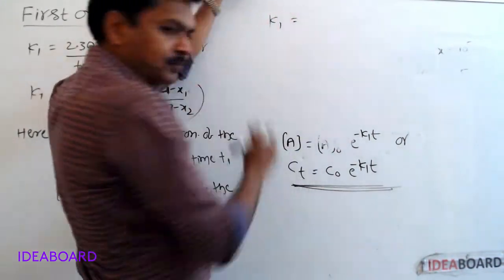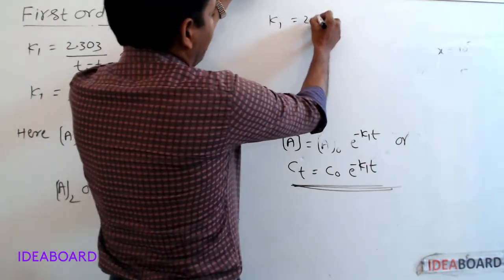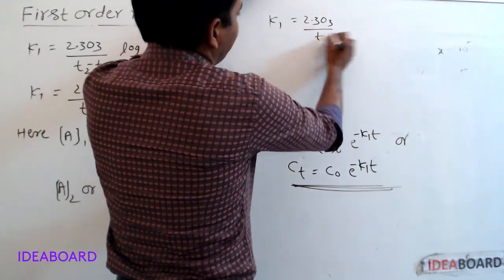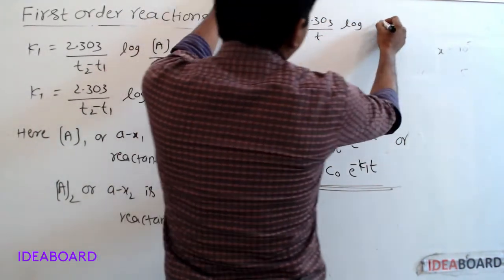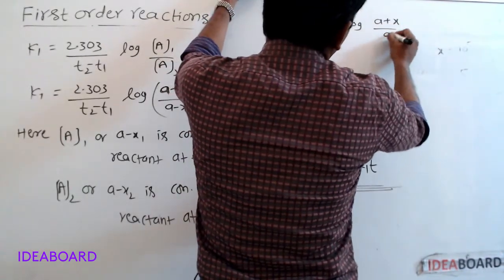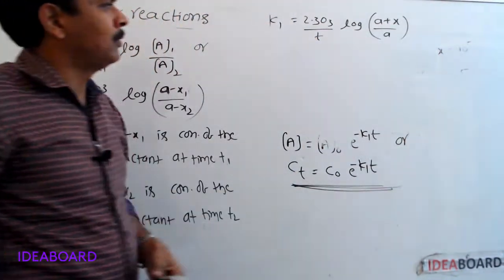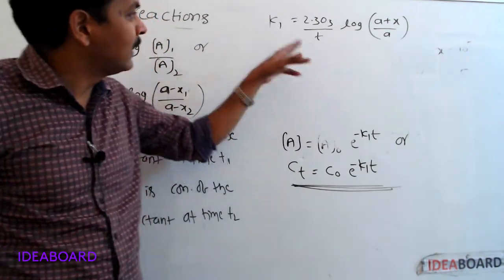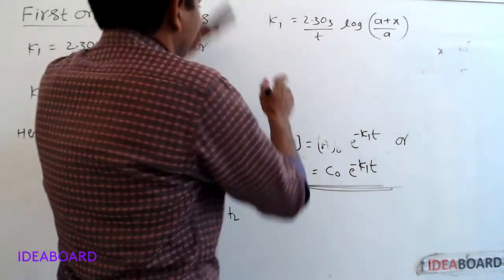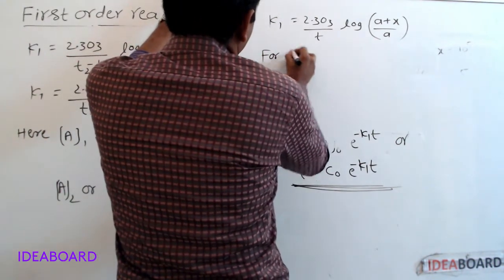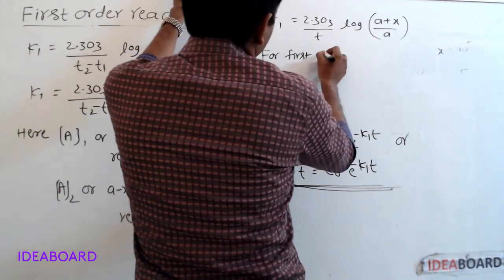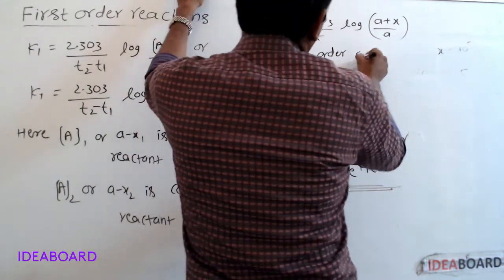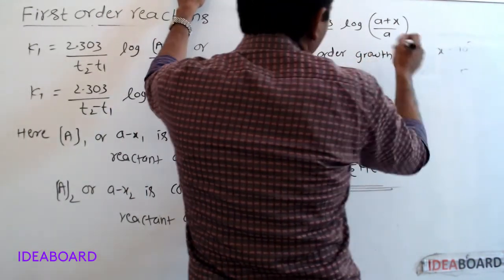K1 is equal to 2.303 by T log of A plus x by A. For first order growth kinetics, we can use this equation.